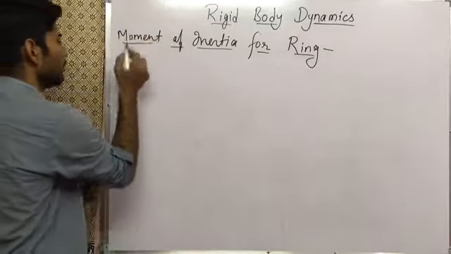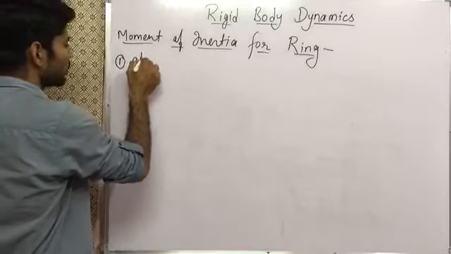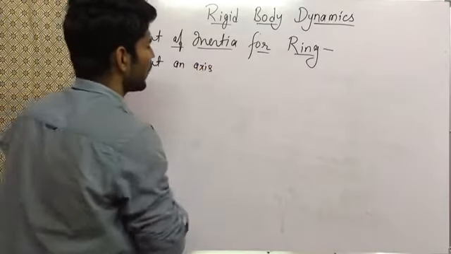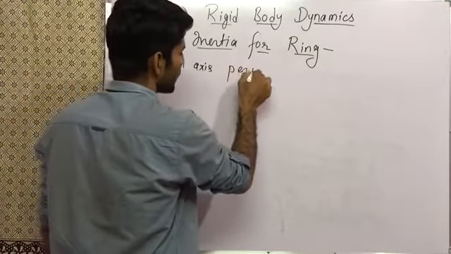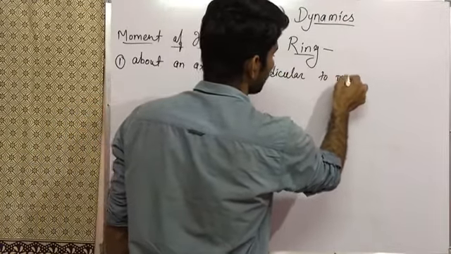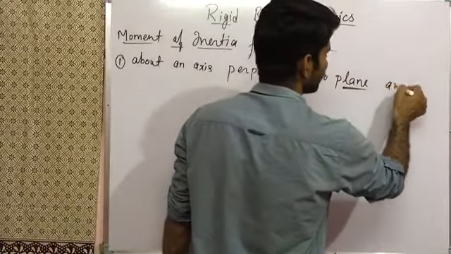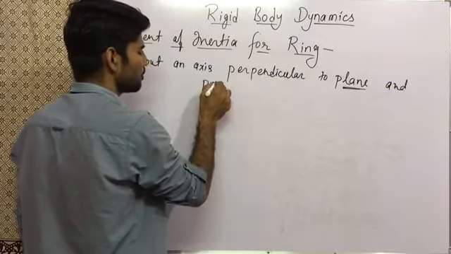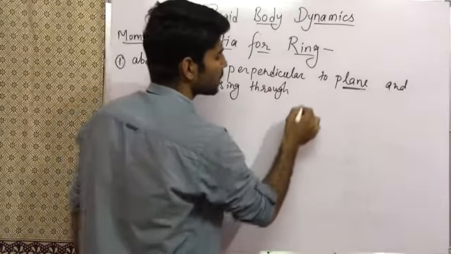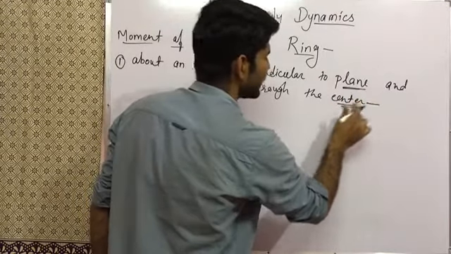First we take the moment of inertia for a ring about an axis perpendicular to the plane, where the plane is the plane of the ring, and passing through the center, where the center is the center of the ring.